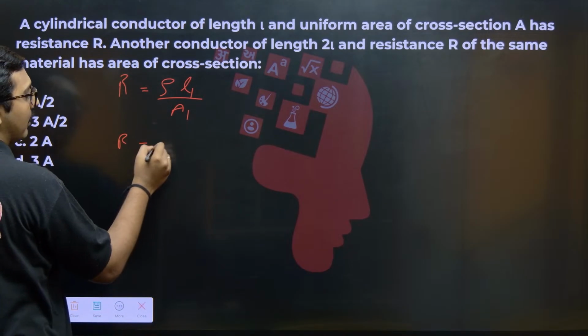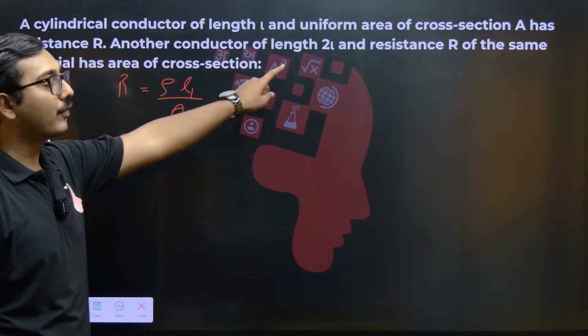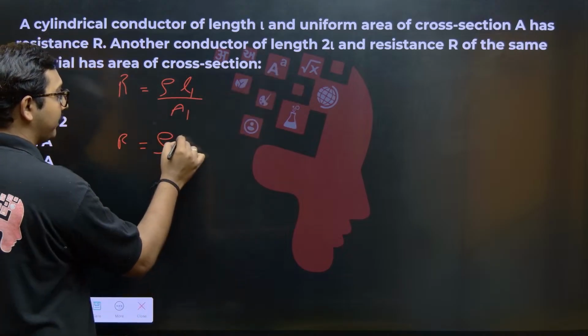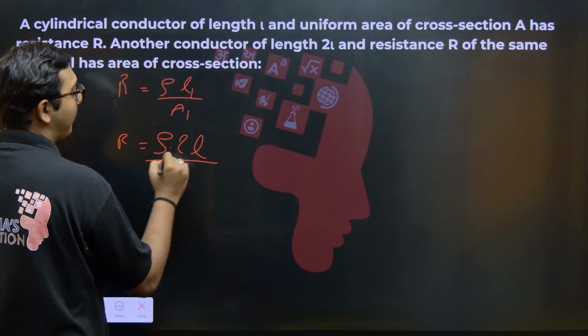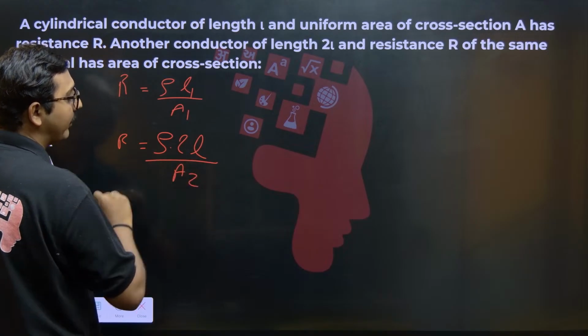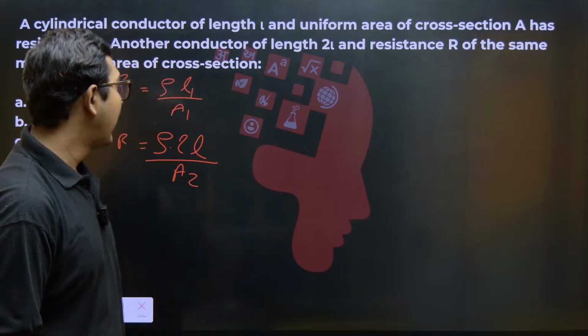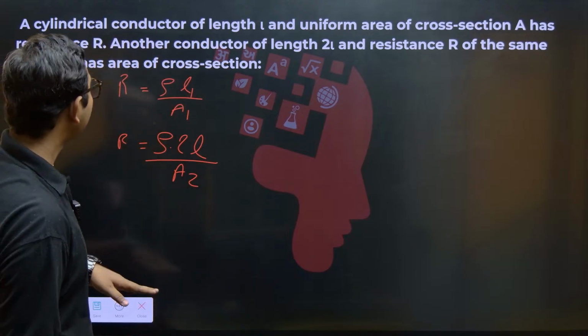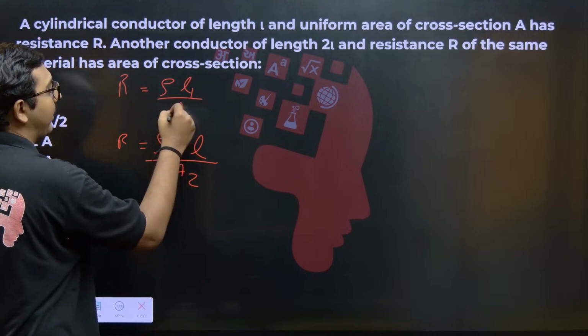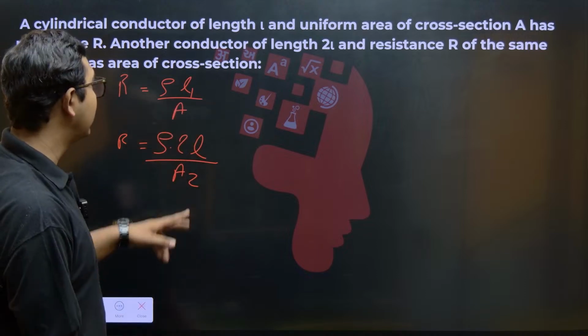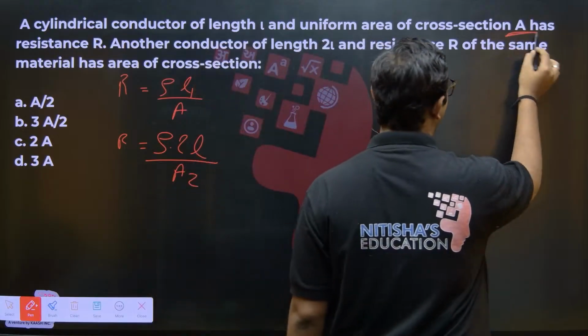This is rho, with L changed from L to twice L, upon A2, which is what we are required to find. Let us say this A1 is our A itself, because here it is given that the cross section is capital A.